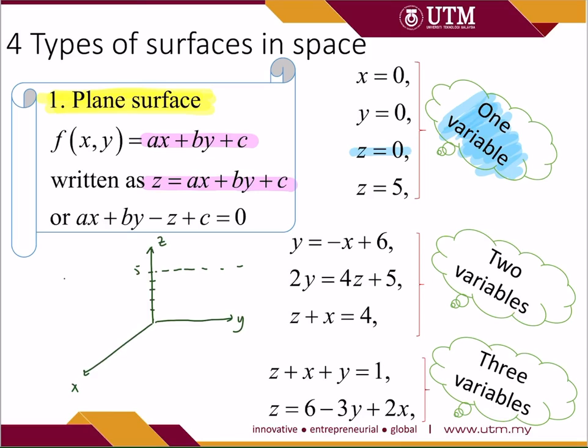You can imagine that when Z equal to 0 it is on the floor, so when Z equal to 5 it is up 5 units. It can be here. So this is Z equal to 5. That one is for one variable. How about two variables?